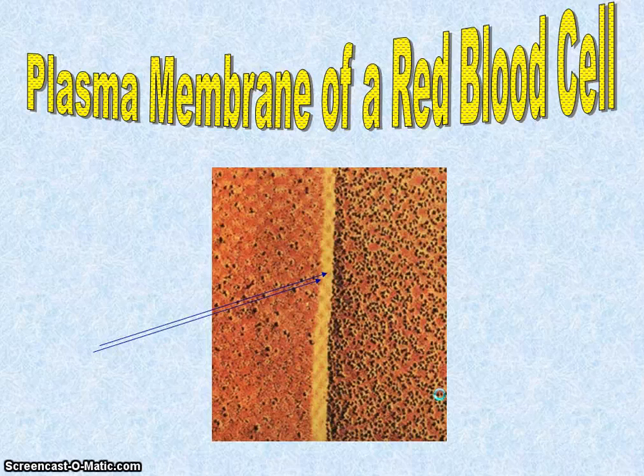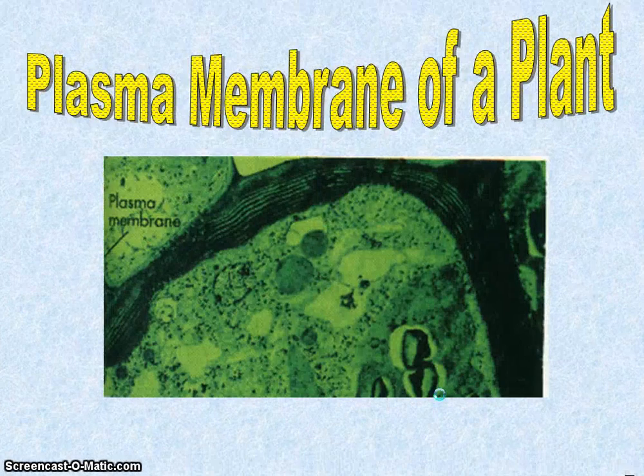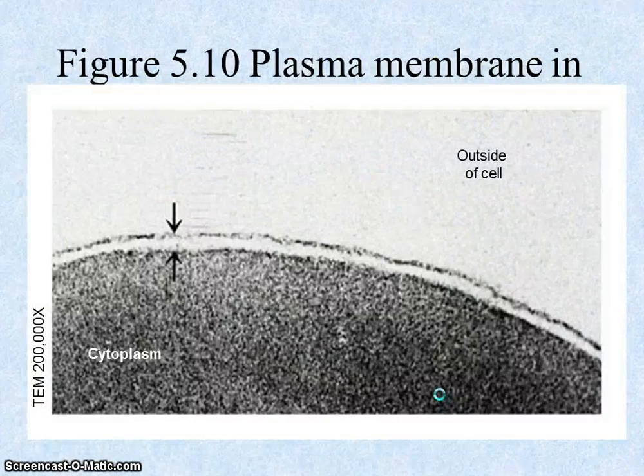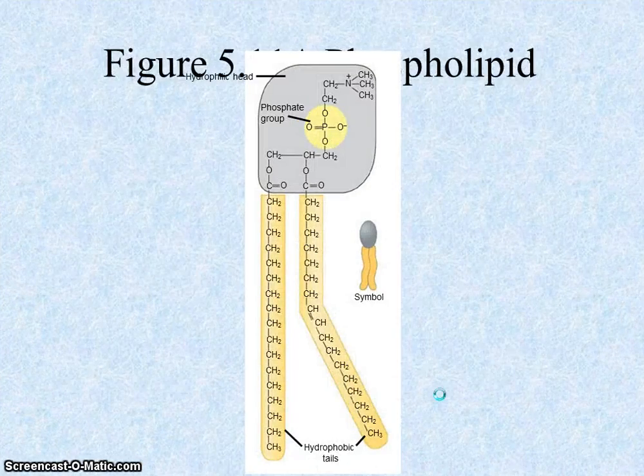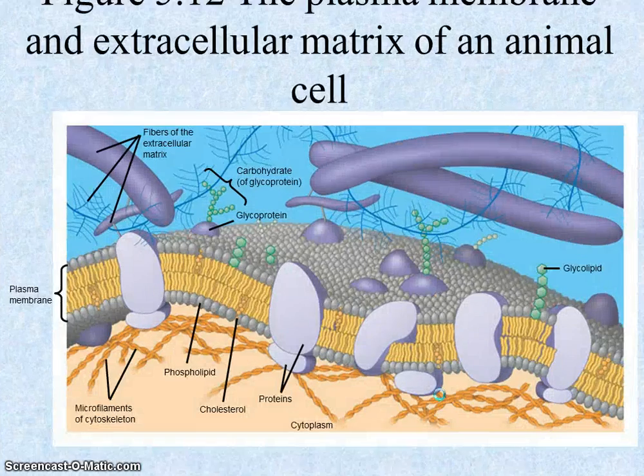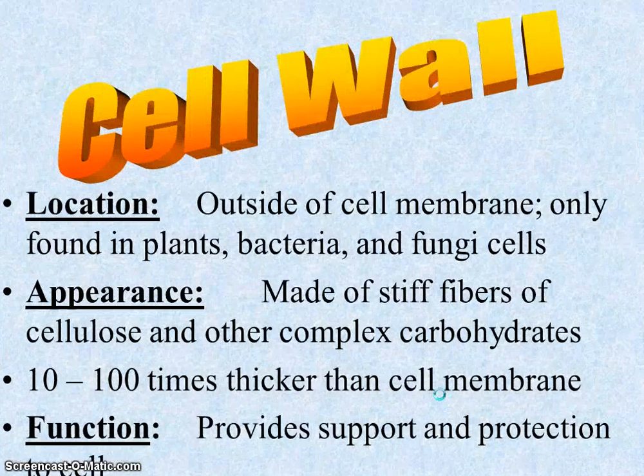It's just showing you the barrier or the outside edge of the cell membrane of a red blood cell. Again, just showing you outside barrier. Now, both plants and animals have this, bacteria has this, fungus, and so forth. I just love pictures here. I'm just showing you all the different parts of the cell membrane.